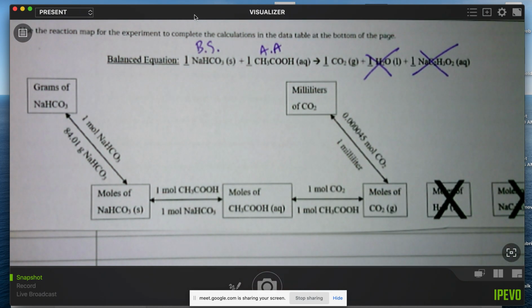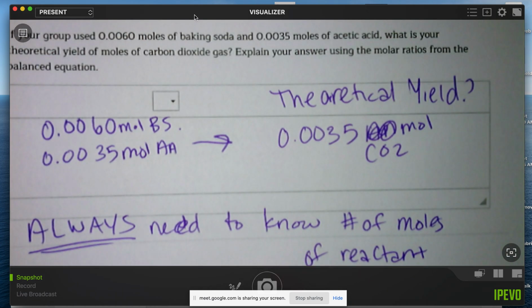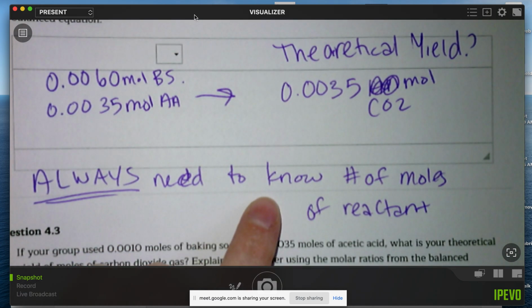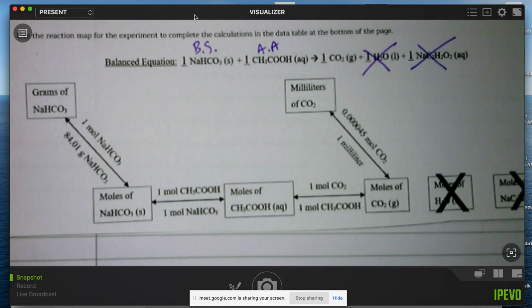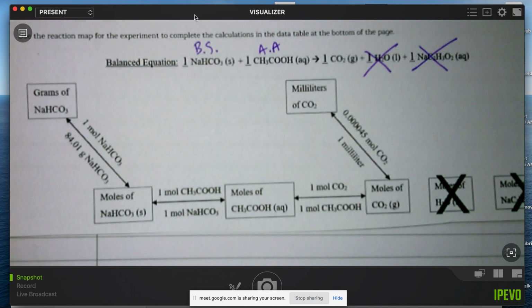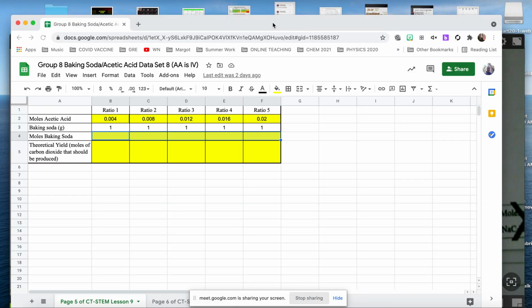Okay, so the first thing we need to do, and this was something I wrote on my other page, let me go back to that really quickly: we always need to know the number of moles of reactant. So that's the first thing we're going to do. You'll notice that we're given moles of acetic acid.